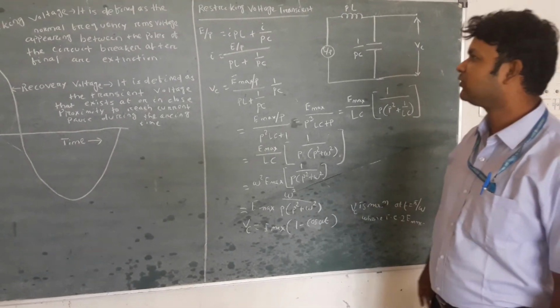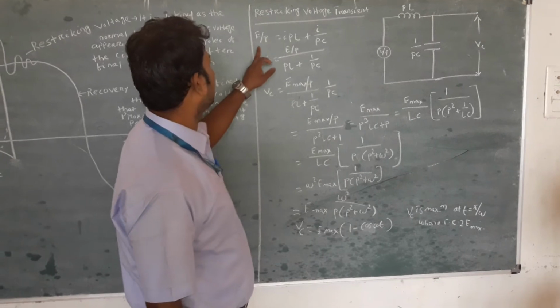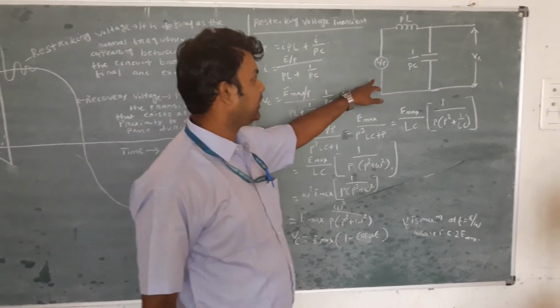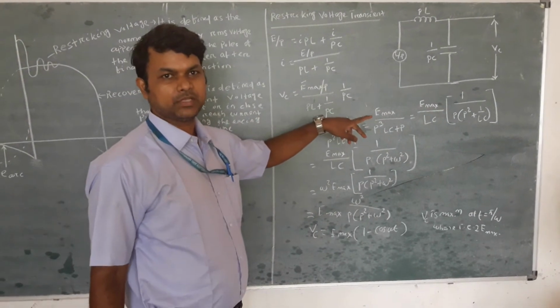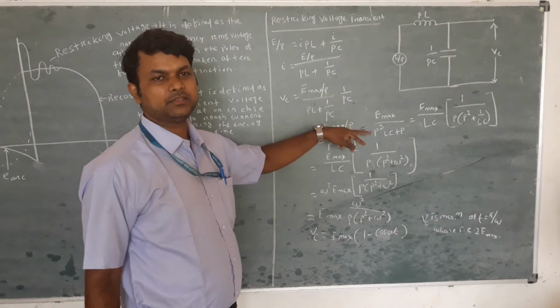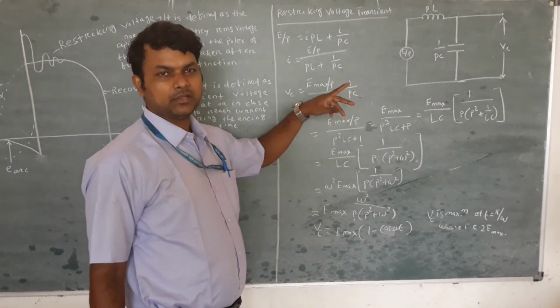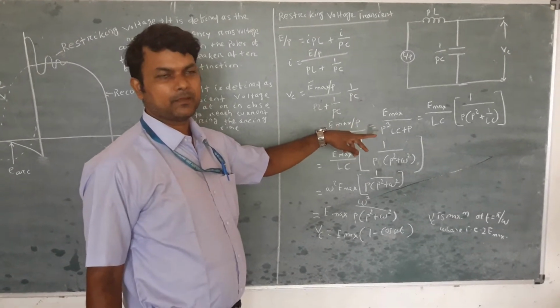Okay. So now come to the expression. If we apply KVL, Kirchhoff's voltage law, you all have to know the two laws of Kirchhoff: one is KCL, the Kirchhoff's current law, and the other is KVL, the Kirchhoff's voltage law.